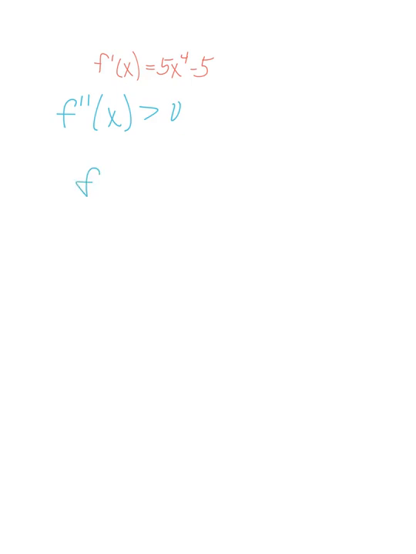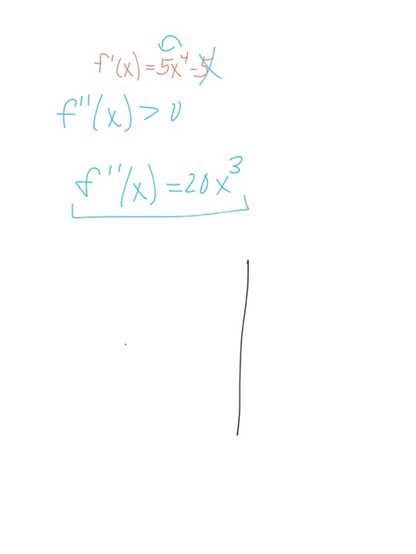So our second derivative, again, we would just apply that power rule again. So dropping the 4 gives us 20 x to the third. And then that goes away because it doesn't have an x on it. So this is our second derivative. Again, we could graphically think about this one just as some sort of vertical stretch of a cubic function, which we know goes through the point 0, 0.